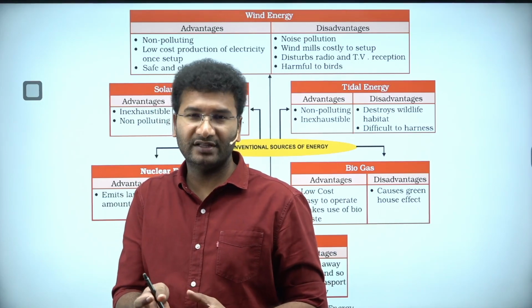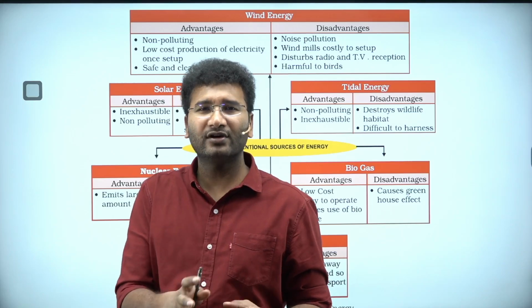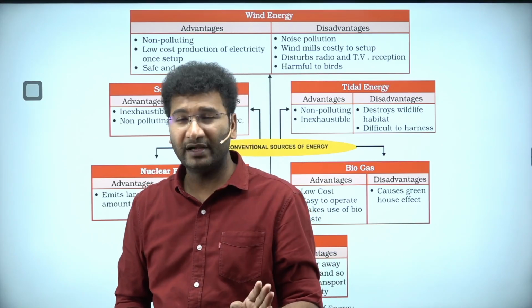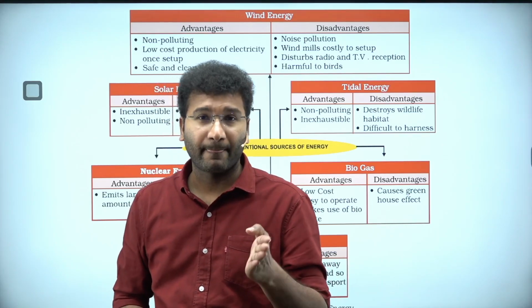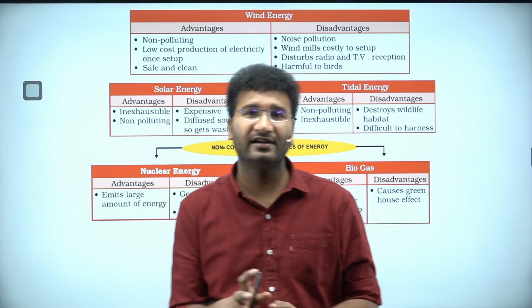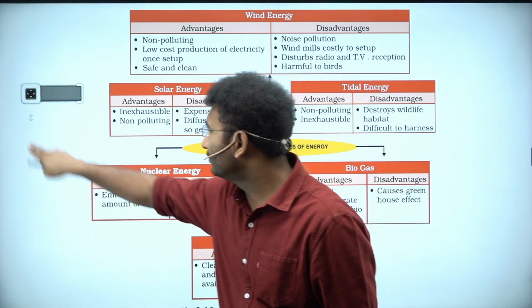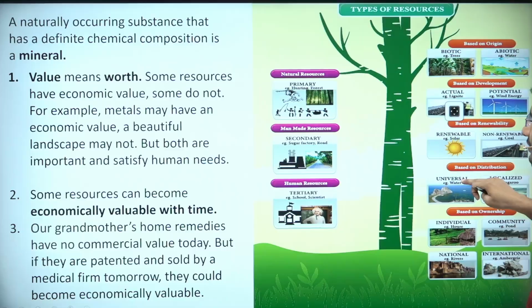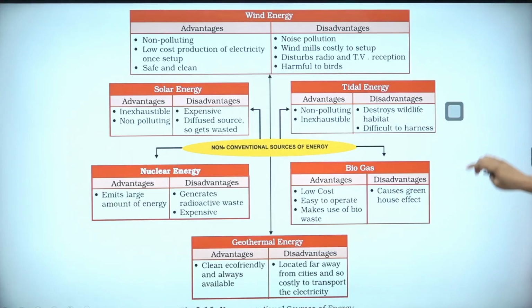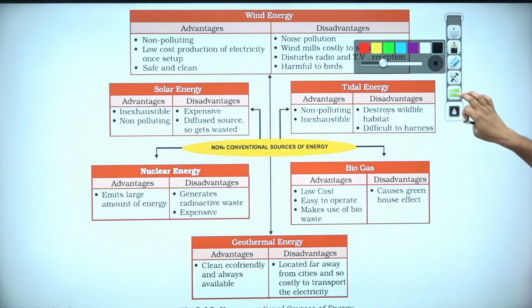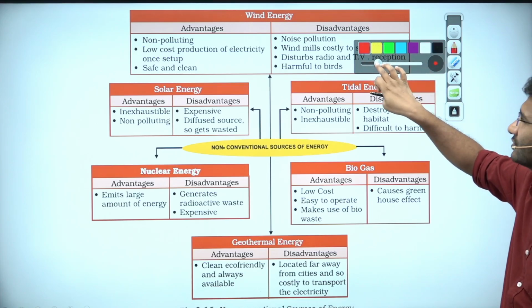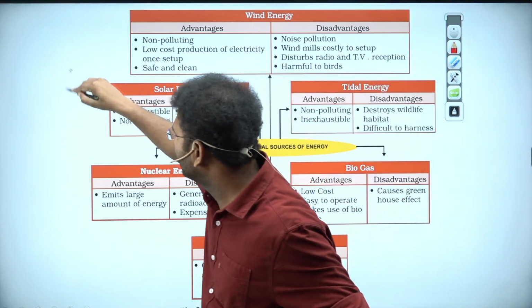Anyone whom you are displacing, what you are supposed to do is implement land acquisition, rehabilitation and resettlement in a good manner, right? Now come to the next component, that is your non-conventional sources of energy. Usually these non-conventional sources of energy are considered to be clean energy.